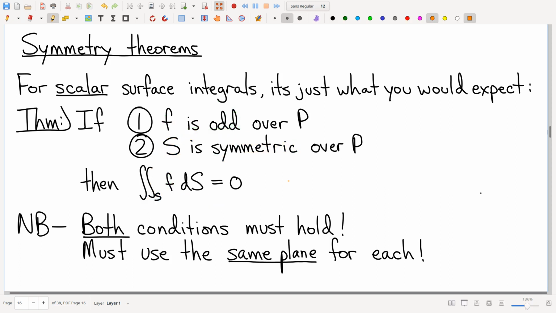The bad news, the thing to be on the lookout for, the danger here is that this applies only to scalar surface integrals. Just scalar surface integrals. Quick reminder, we made a very similar observation about scalar line integrals. And again, it was only scalar line integrals, not vector line integrals. So likewise here, only scalar surface integrals, not vector surface integrals.